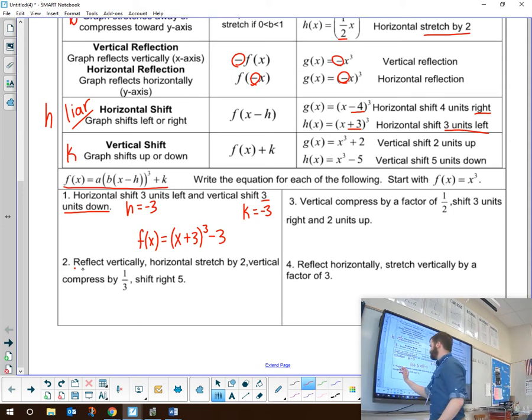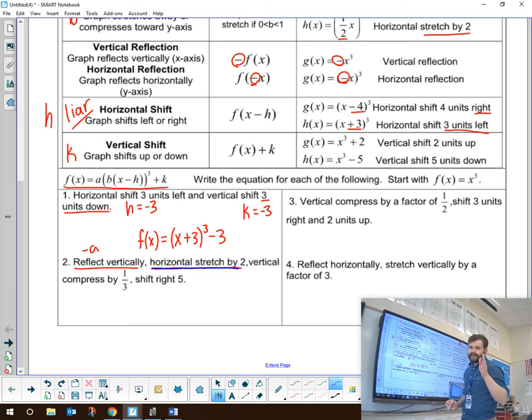Okay, table number 2. Reflected vertically. That means we're going to have a -a. Whatever my a value is, it's going to be negative. We're going to have a horizontal stretch by 2. Now, a horizontal stretch by 2, that's my B. B controls my horizontal, but remember, B is backwards. So we have a horizontal stretch by 2.